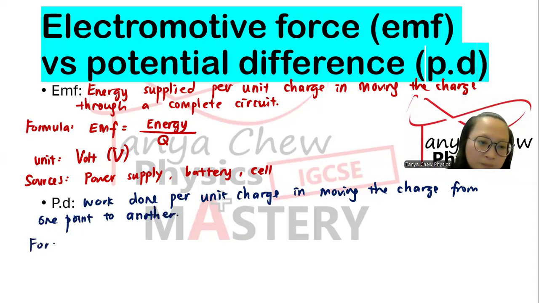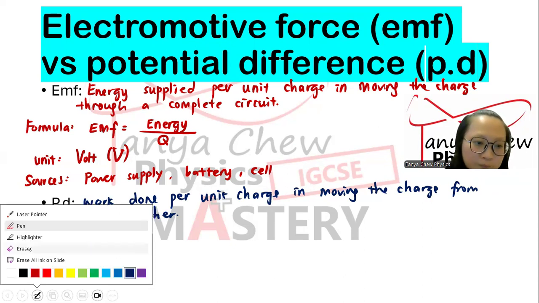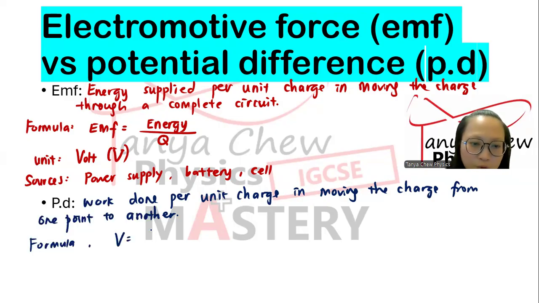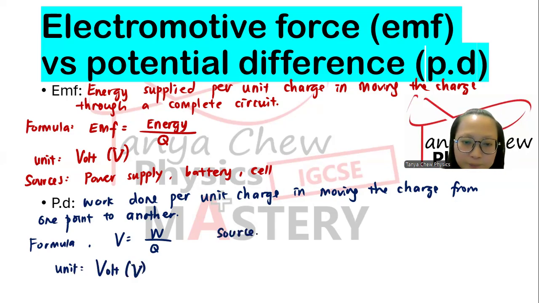And formula, PD, or normally we put V. V is equal to work over charge. Unit is the same, volt or capital V. Sources of PD could be resistor, lamp, LDR, light dependent resistor, thermistor, etc.